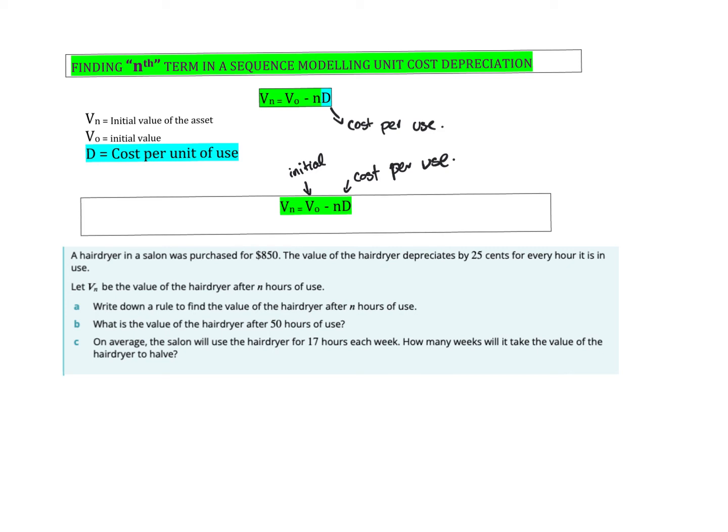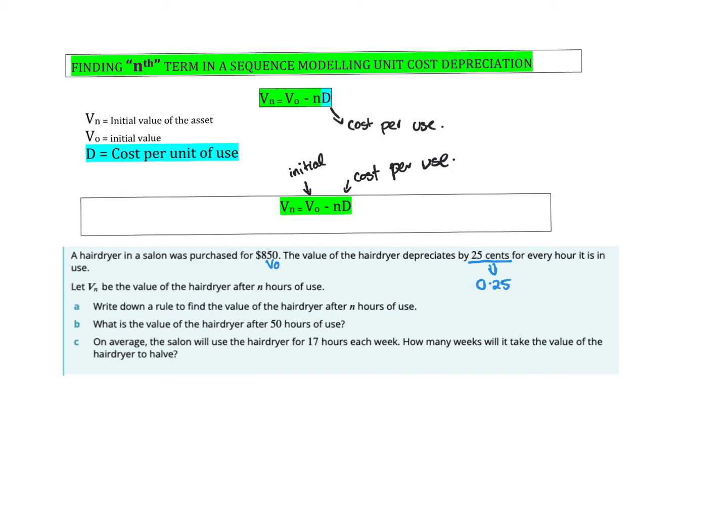Let's have a look, and here's another example. It says a hairdryer in a salon was purchased for $850. So here's a V0, and the value of the hairdryer depreciates by 25 cents. Now be careful here, because they talked about dollars and now it's depreciating in cents, so we need to change that to dollars.